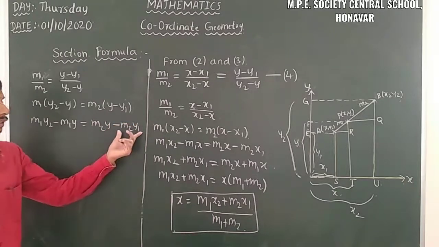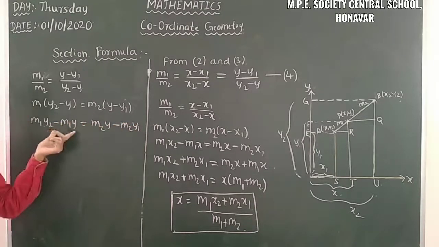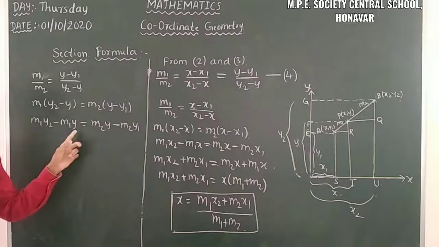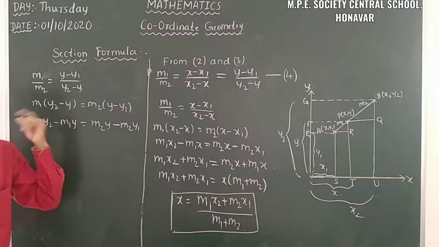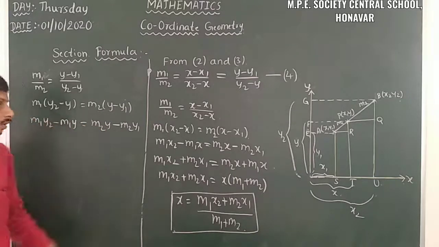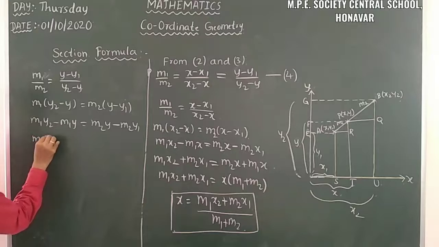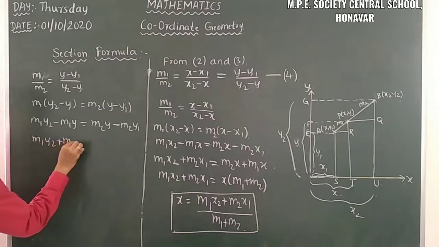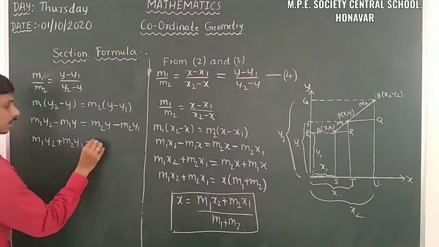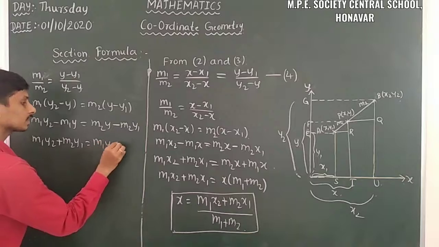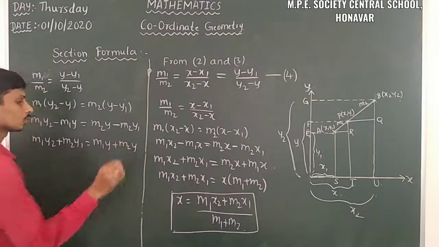So I will transpose this m2 y1 to here and m1 y here, because we have to take out y from those two terms. That is m1 y2 plus m2 y1 is equal to m1 y plus m2 y here.